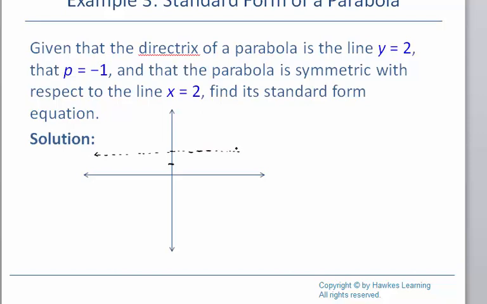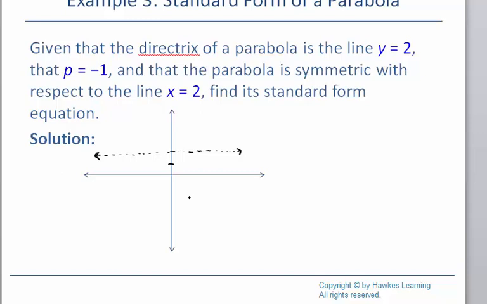Now remember that this line, being the directrix, is going to sit behind our parabola. And so if the directrix is there, we know that the parabola is either going to open up or open down, so that the line of the directrix can sit behind the parabola.